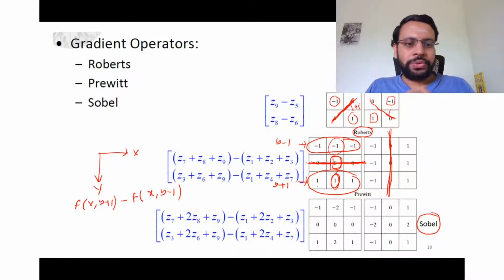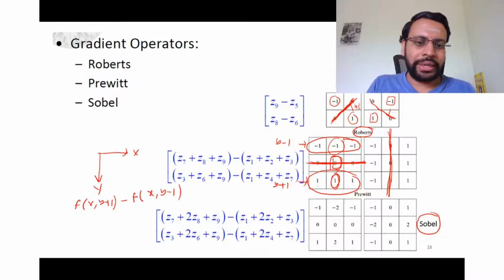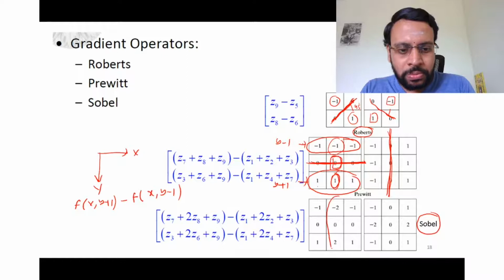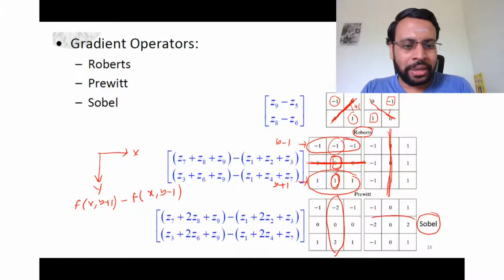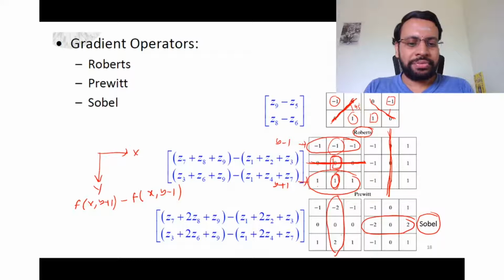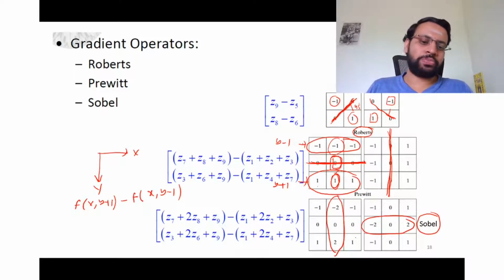Now if you look at Sobel, it works along very similar lines, but it gives more weight to the intensity differences coming at the central pixel. So here, double the weight of the difference that you get here gets twice the difference that you get at the other two pixels.